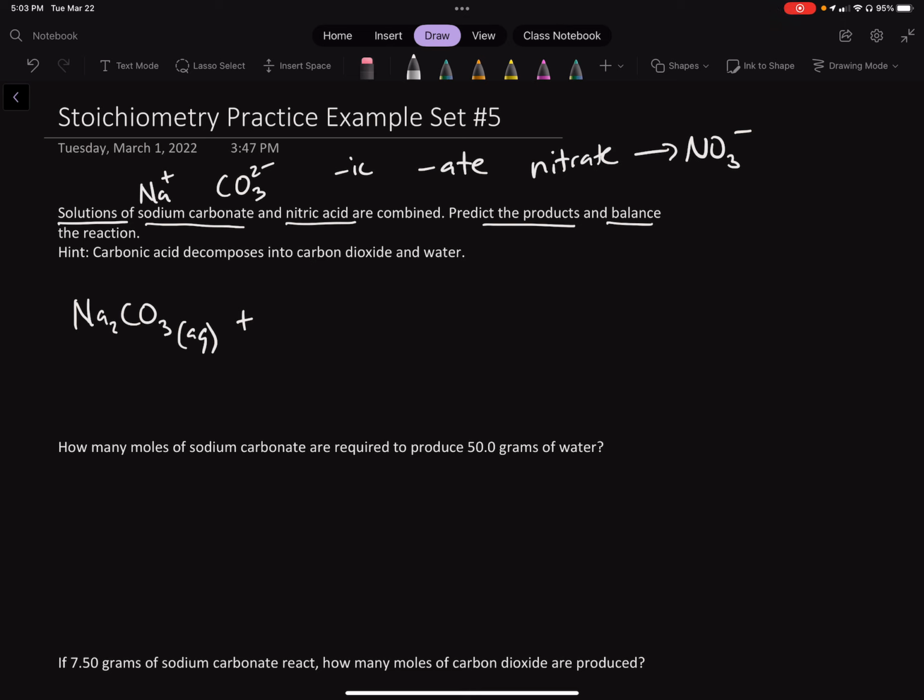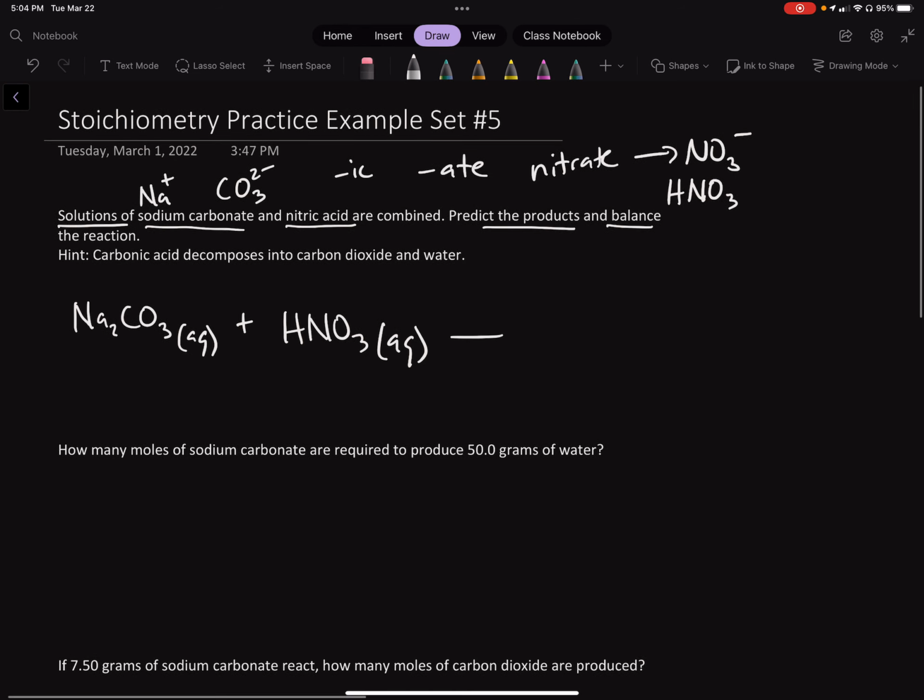The polyatomic ions, generally, you have to memorize them. And it says nitric acid, so there's going to be hydrogens here. Now, since the nitrate polyatomic ion has only 1 negative charge, then just 1 hydrogen will be required. So HNO3 is the formula for nitric acid. And I will also call it aqueous since it's a solution.